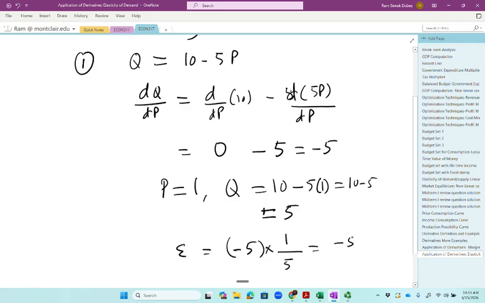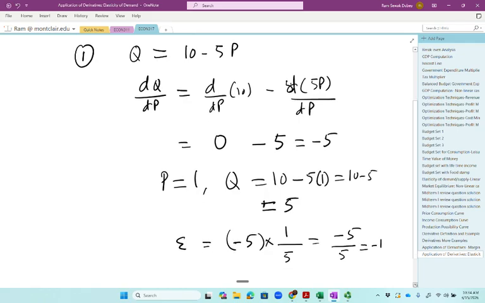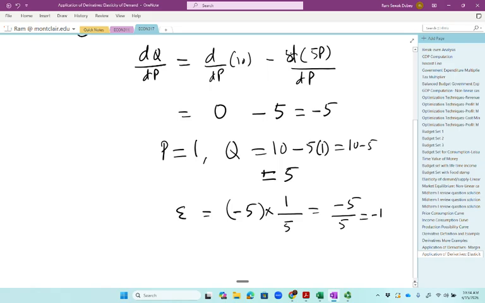And so I have minus 5 over 5, turns out to be minus 1. So this is the example of elasticity where at price equal to 1, the elasticity turns out to be negative 1, or I can say demand is unit elastic at P equal to 1.